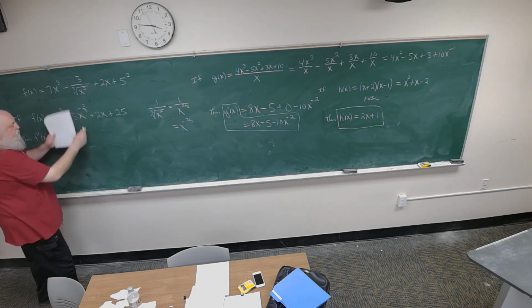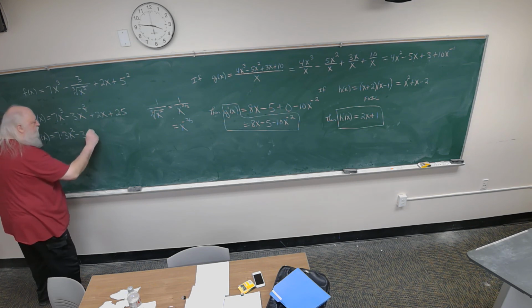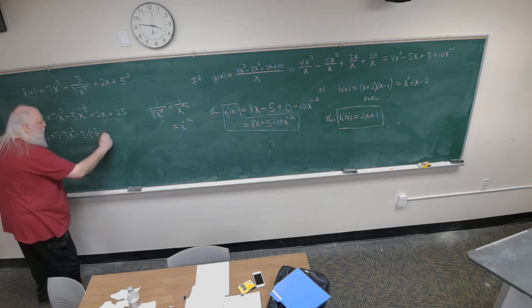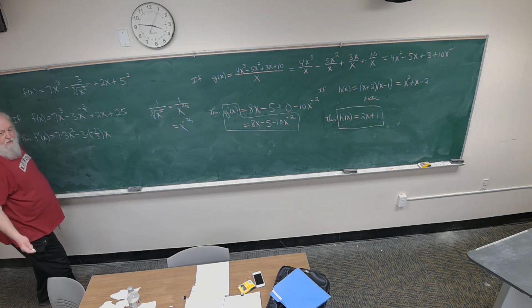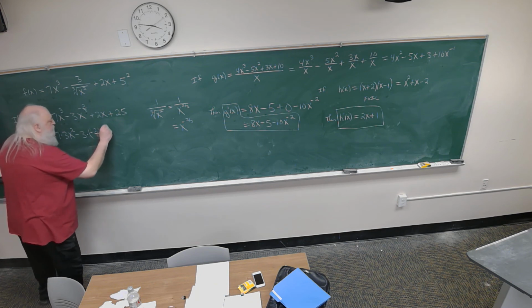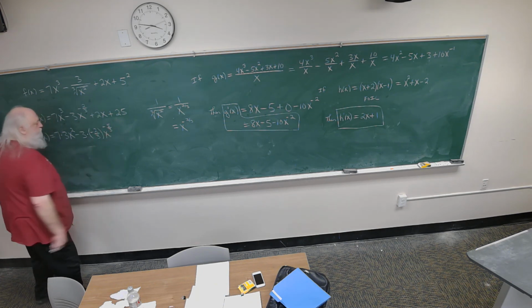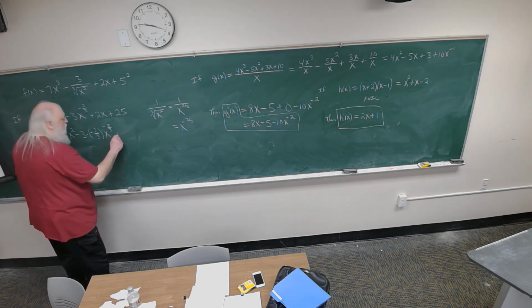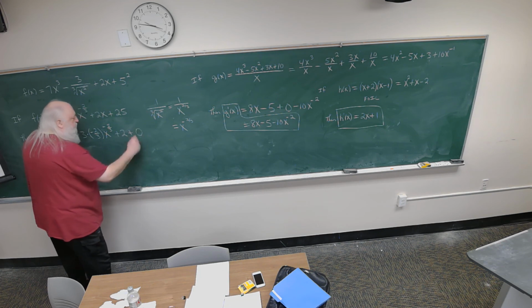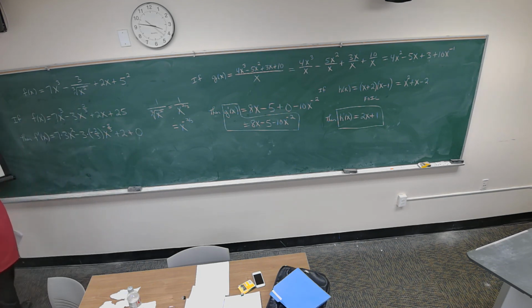You bring the minus 2/3 down in front of the x, and then you subtract 1 from the exponent. Minus 2/3 minus 1 is negative 5/3. And then take the derivative of plus 2x, which is just plus 2.